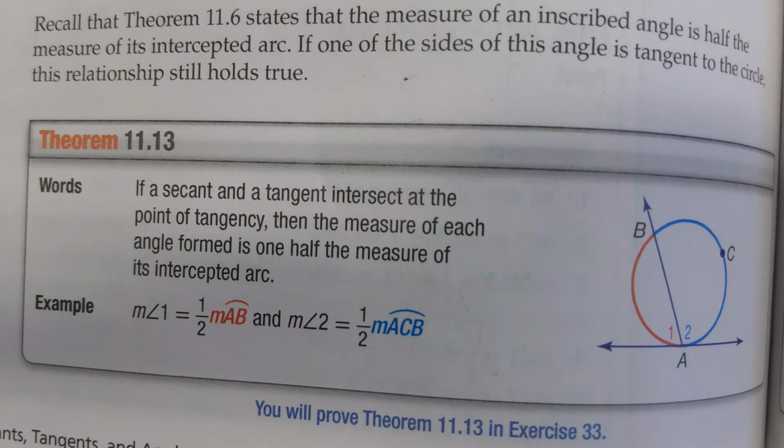Angle 1 is 1/2 of this arc. So if a secant line and a tangent line meet at the point of tangency, they make inscribed angles, and we know that inscribed angles are 1/2 the arc.